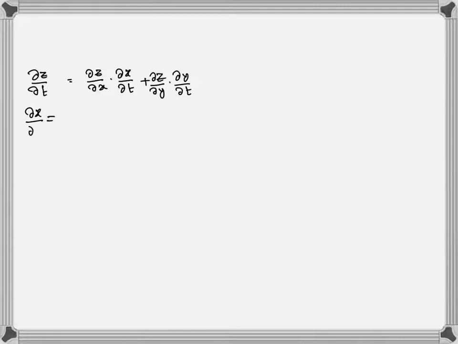Here we can write partial derivative of x with respect to t as 2. Then partial derivative of y with respect to t is su squared.